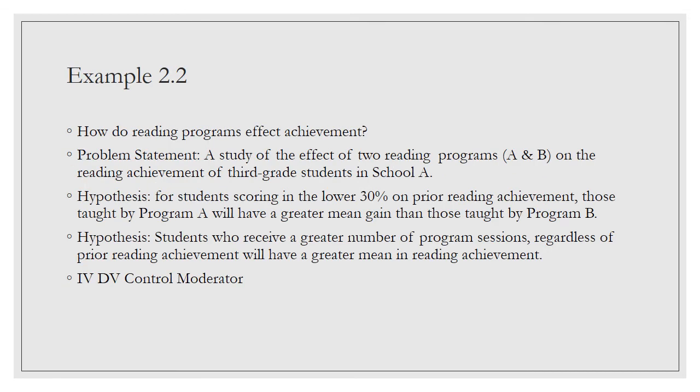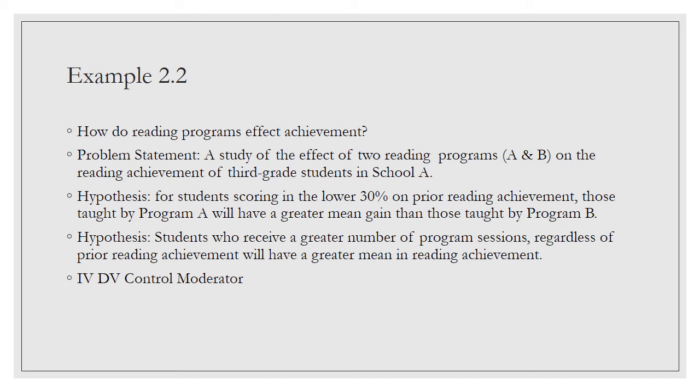So we're taking this example right from our textbook. It's example 2.2. Perhaps someone went through and thought about their research area. They're interested in reading achievement in general, and they know that there's a couple programs out there. So they come up with this idea of how do reading programs affect achievement?